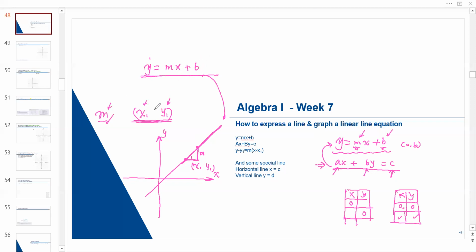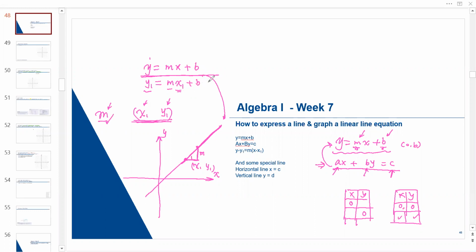Since the point is on the line, y1 equals mx1 plus b. We put this dot right into this expression. So you get b, right? m was told, x1 was told, so b is unknown right now.